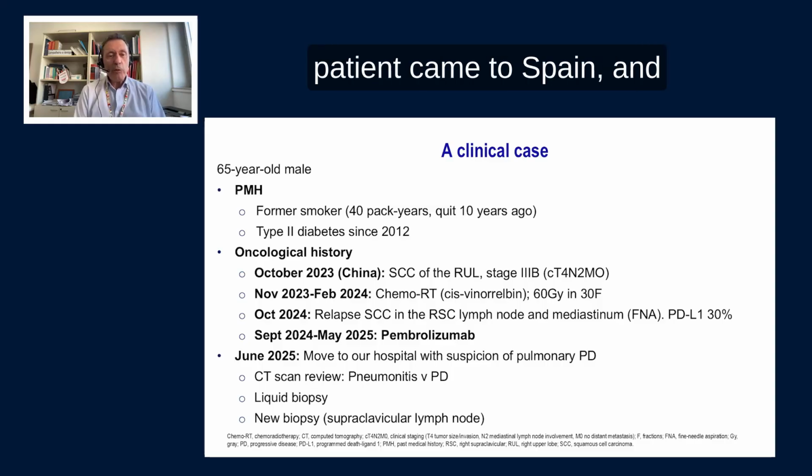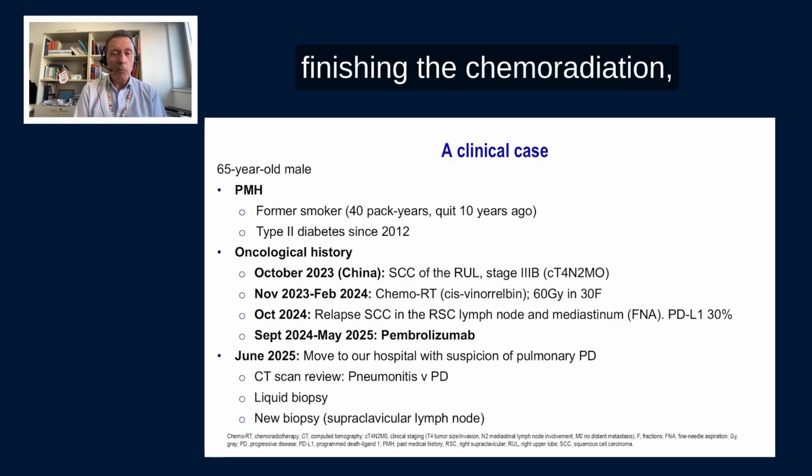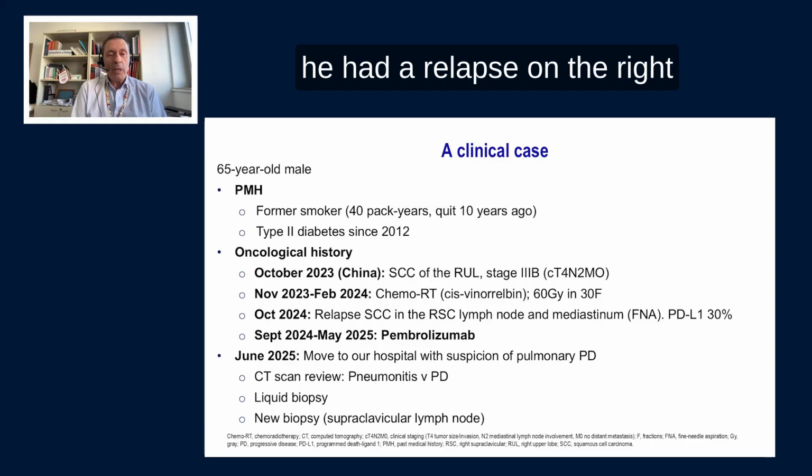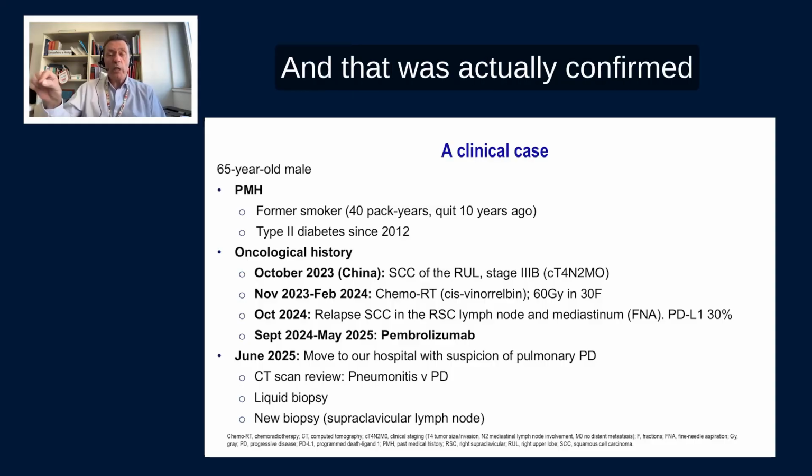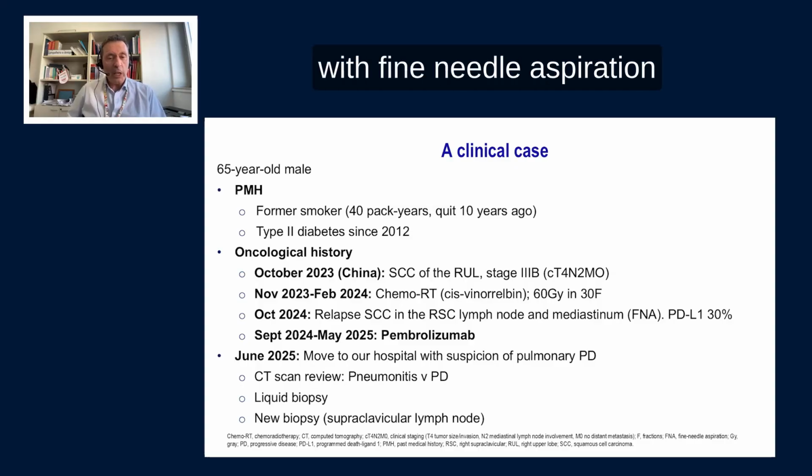The patient came to Spain, and some 6-7 months after finishing the chemoradiation, had a relapse in a right supraclavicular node, but also in the mediastinum. That was confirmed with fine needle aspiration of the supraclavicular node.